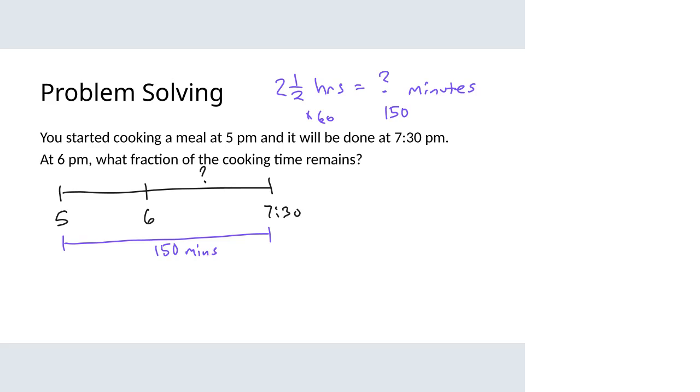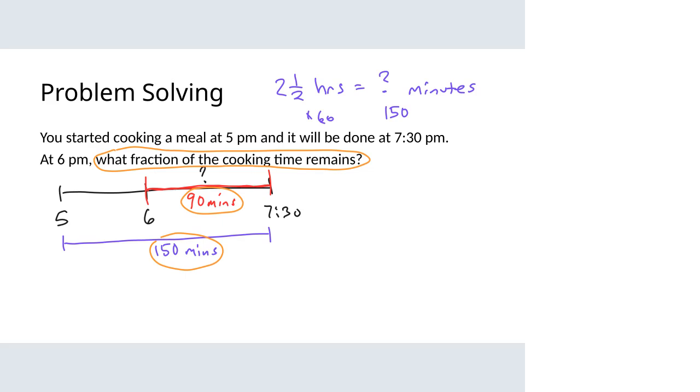And then the amount of time we have left from here to here. How many minutes is that? From 6 to 7:30. Way easier in our head to do that one. From 6 to 7:30 is 90 minutes. So when I go back and look at this question and it says, what fraction of the cooking time remains? Well, 90 of the 150 minutes is what remains.